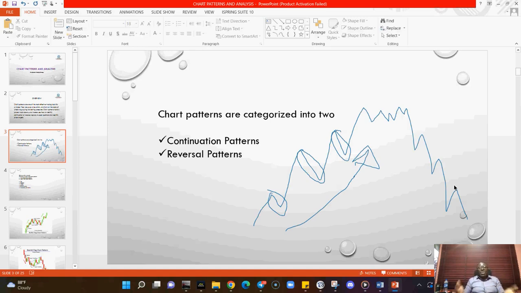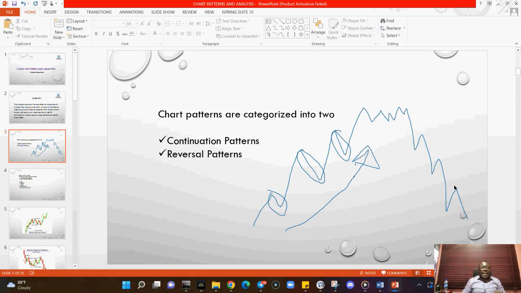So when the market is trending upwards, what I'm looking at are opportunities to buy. If the market is trending downwards, I'm trying to identify structures and patterns that suggest this downtrend is continuing. In other words, I'm going to look for opportunities to sell or to short the market.